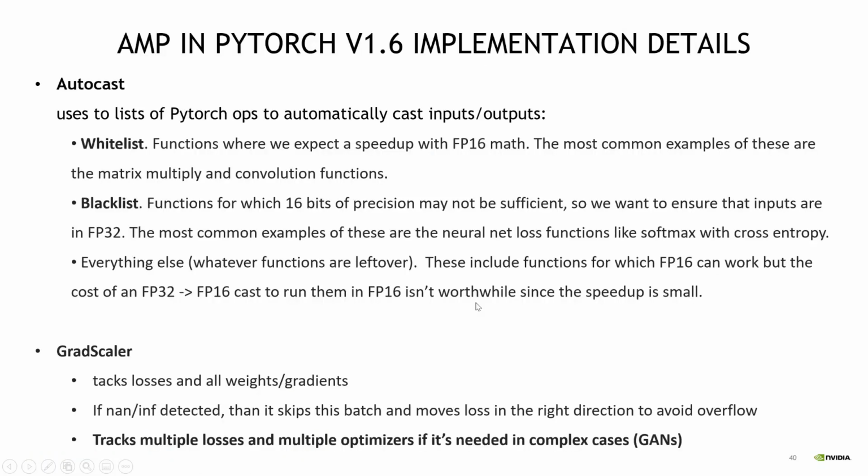Some deep details about how autocast and GradScaler work. Autocast is a Python context manager, and it has a couple of lists that contain the names of the PyTorch ops and PyTorch neural network layers. There's a whitelist that contains the functions where we expect a speedup with FP16 math, like convolutions and matrix multiply, and a blacklist that contains the functions for which 16 bits of precision may not be sufficient. So we want to ensure that inputs are in FP32.